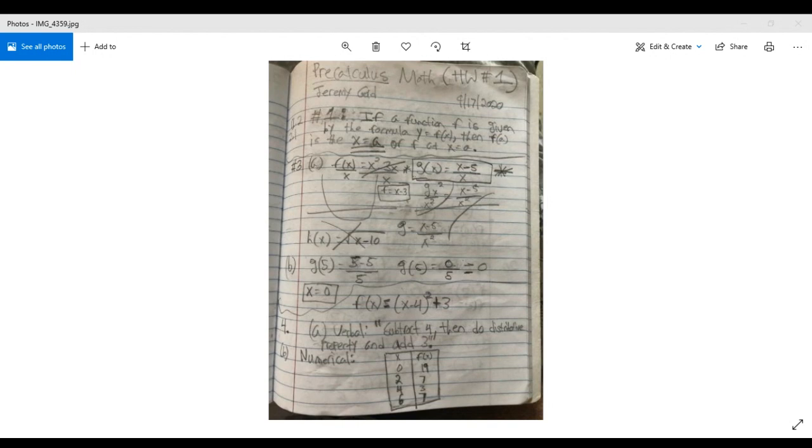Oh, okay. You see the difference between mine and yours. Add 3 to the square of the difference of the variable x and the 4. Okay.